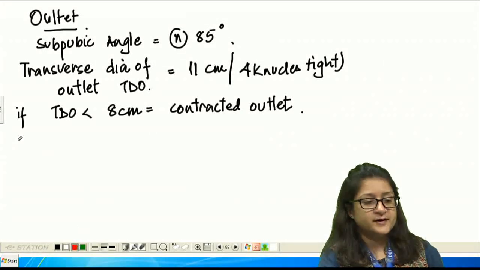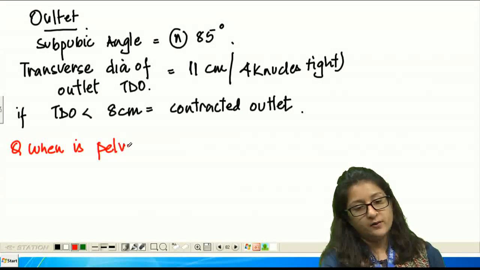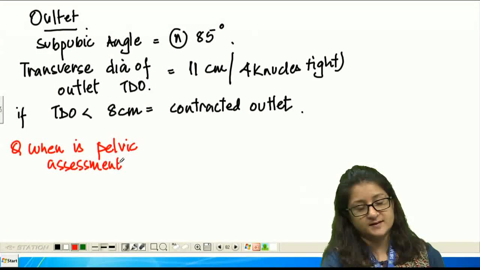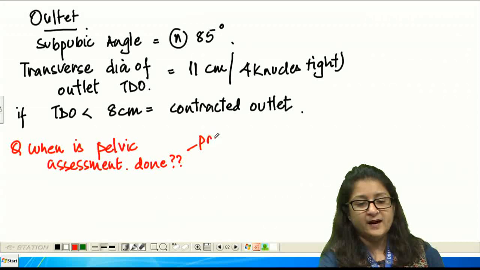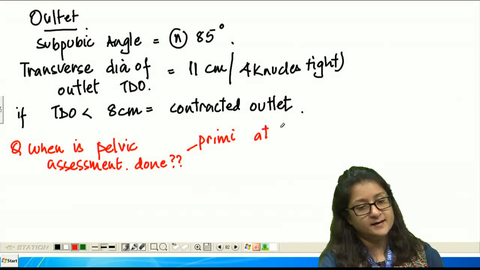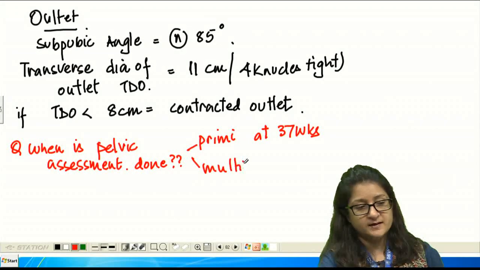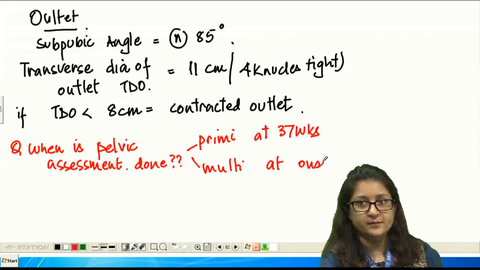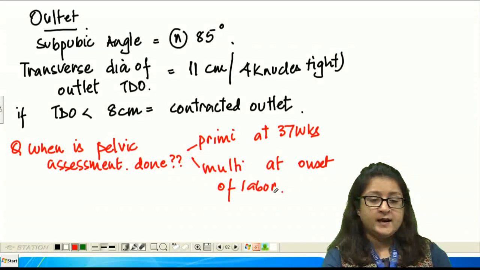Now, an important question they ask is: when is pelvic assessment done? These are all the features that we see during pelvic assessment. Pelvic assessment is done in a primigravida at 37 weeks, and in a multigravida at the onset of labor.